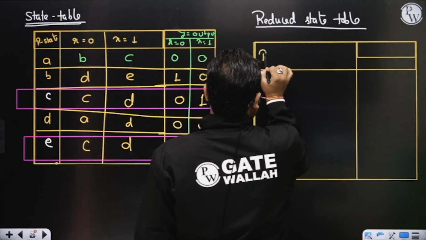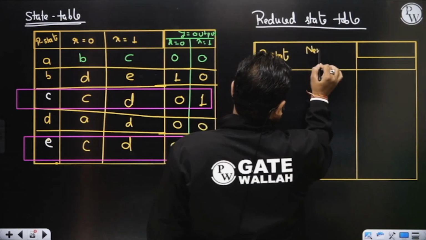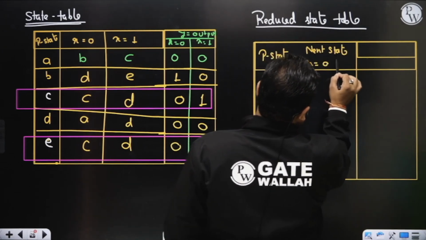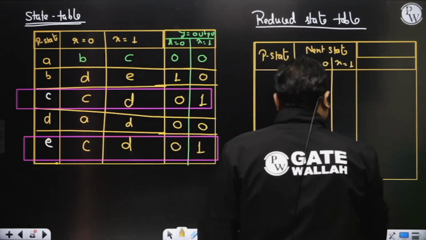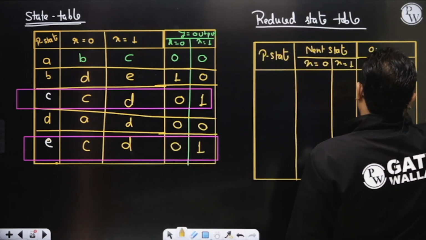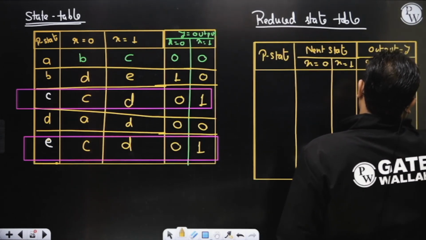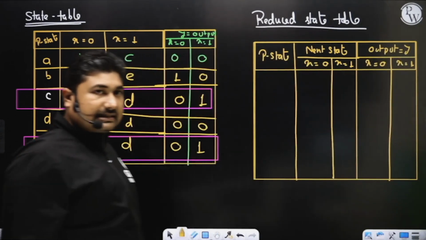We have a present state, next state with x equals 0, x equals 1, and output y with x equals 0 and x equals 1.